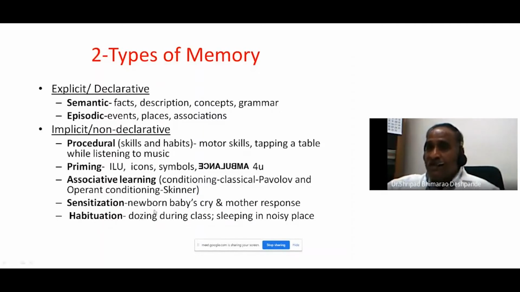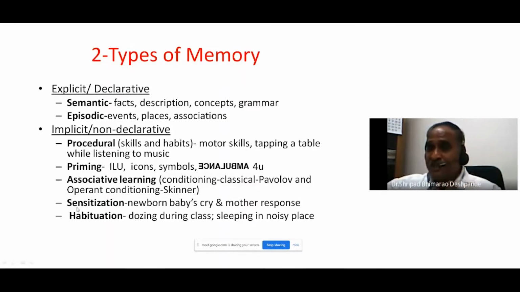Then habituation. I was talking about habituation. What happens? Whenever we are taking the class, during the class you just doze. You will be in an entirely different world, maybe with NREM or REM sleep. So like that, dozing is a sort of habituation. That means desensitization.